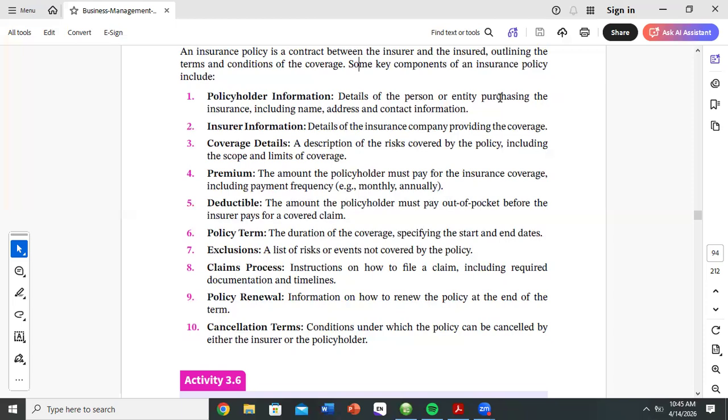Okay, so I understand it as before you can get insured, the policyholder must pay an amount of money before the insurer can then go ahead to say they've insured you or they've given you insurance. Oh, okay. Any other idea?